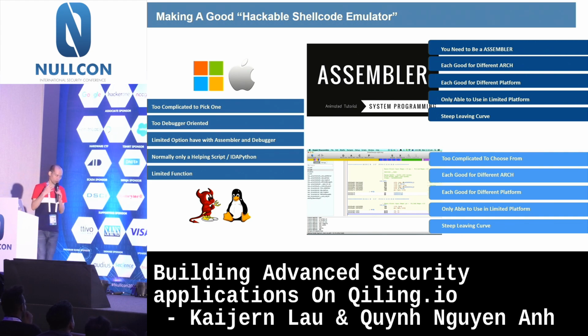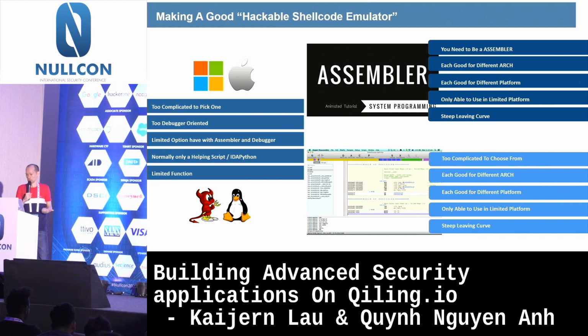First of all, you somehow get a shellcode that you want to analyze, but the shellcode can come in different formats. It can be in binary format. It can be in source code, which is in assembly format, or it can be hex format. So the emulator needs to be able to understand all of those formats. And in case the shellcode is in assembly, you need to be able to compile the assembly to get back the binary before you can really emulate it, right?